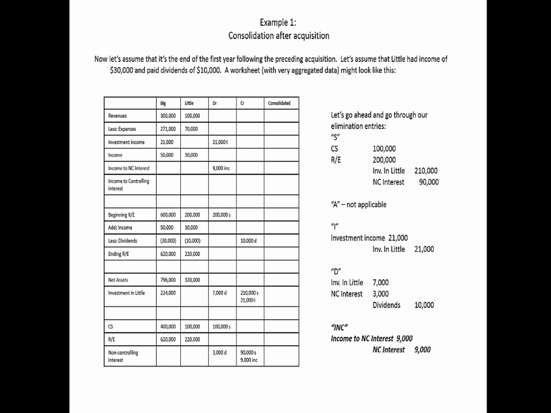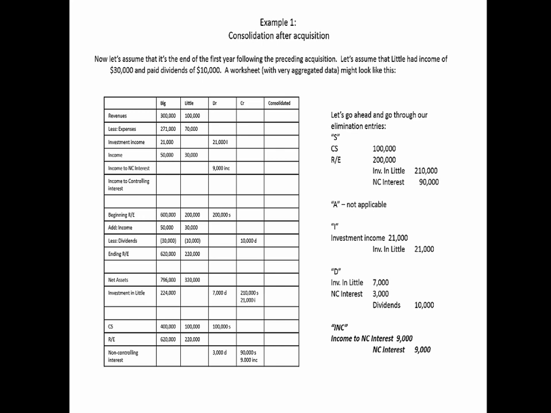Finally, our new entry, INC, for income to the non-controlling interest. Again, as mentioned earlier, we're going to have $59,000 of combined or consolidated net income. Now, the parent company shareholders don't own all $59,000 of that income. The non-controlling interest owns 30% of Little's reported earnings.